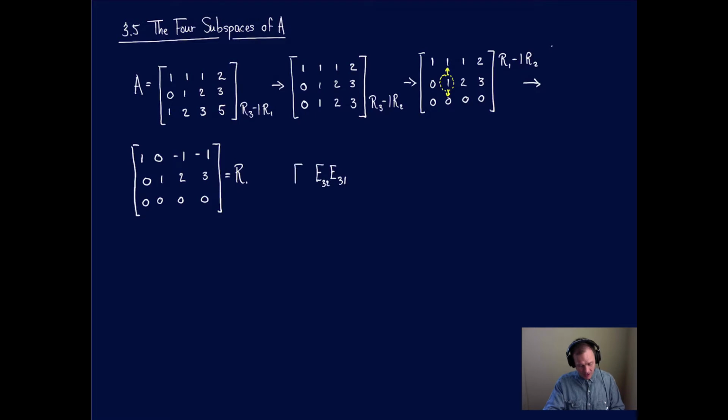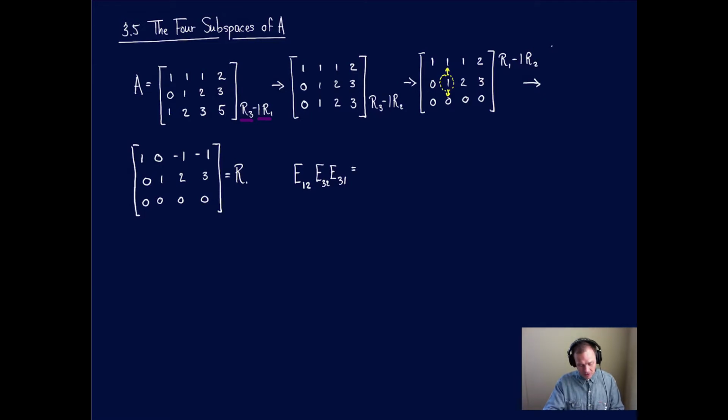And finally, our third row operation was E12. And remember, as long as you follow this pattern where you first write the row you're working on, then the row that you're using to work on that, you'll always have the right order of your indices for your L's.